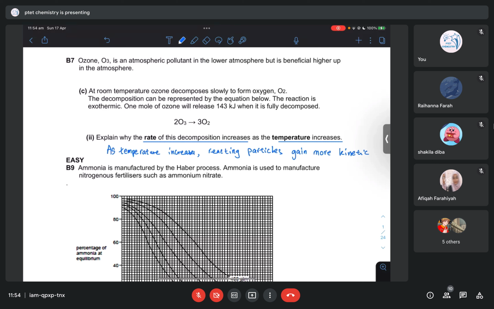Kinetic energy is to do with movement. So when they gain more kinetic energy due to the higher temperature, they will move faster. When they move faster, they will collide more frequently. And when they collide more frequently, the rate would increase. These are all the key points you need to answer this kind of question.